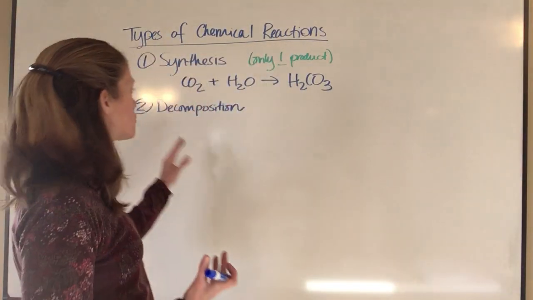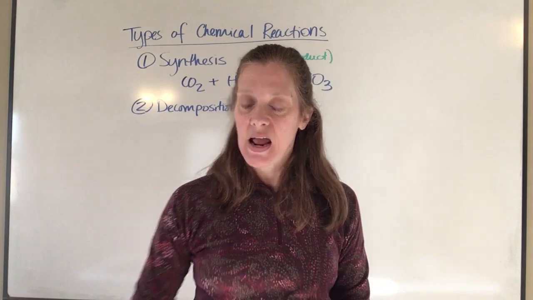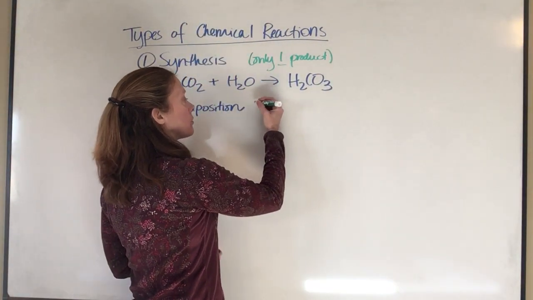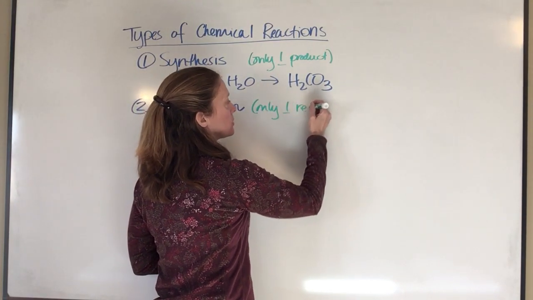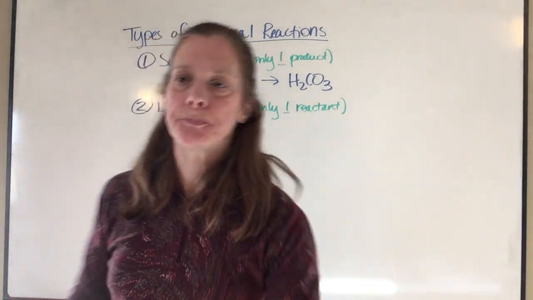A decomposition reaction is what happens if I take one reactant and I break it down into a number of products. So when you are trying to classify reactions, what you're going to see here is that there's only going to be one reactant, and it's going to break down.